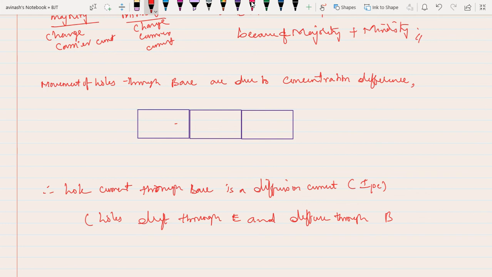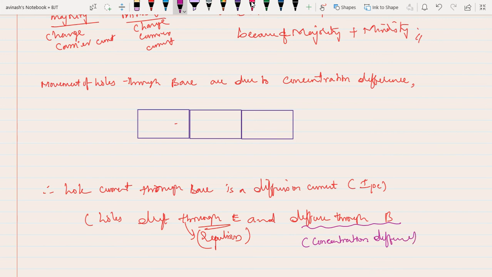Holes drift through the emitter means this current is due to the repulsion of charges. You have to understand the concept here. Repulsion. And diffuse through the base means this is nothing but the concentration difference. Okay, hope you understand that point.